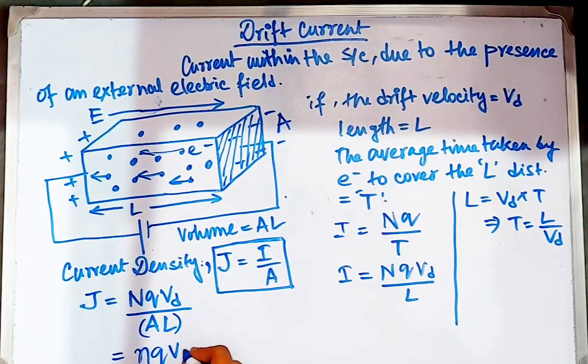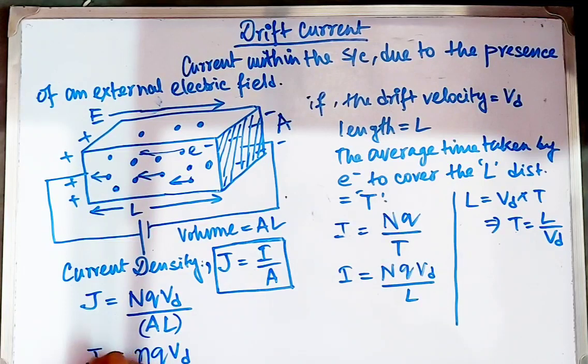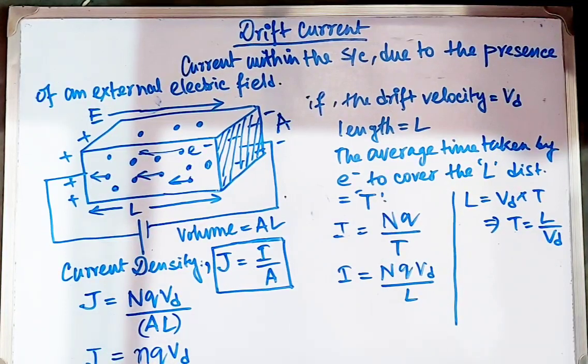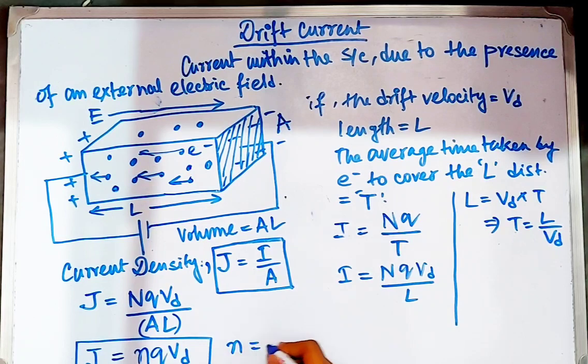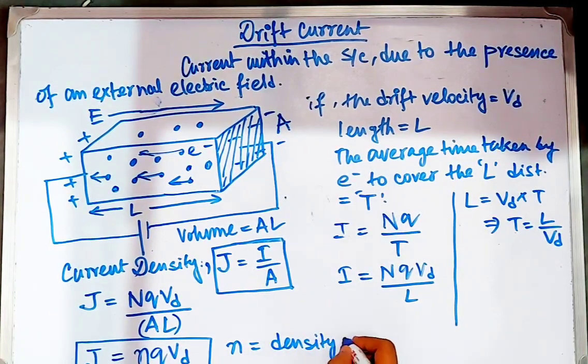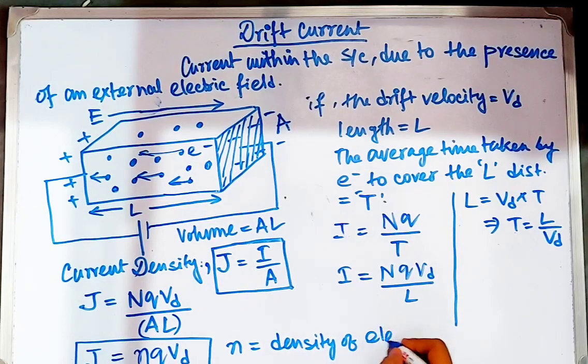So that is nqVd, that is the current density, where n is the density of electrons.